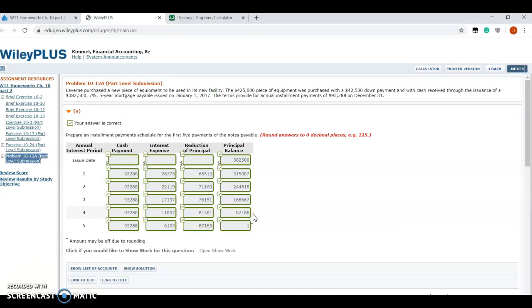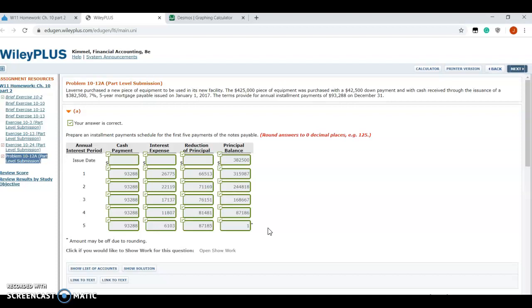Now in year 4, at least these are my numbers, I have $87,186 as my principal balance for the end of the year. Now my reduction of principal is $87,185, and that does leave me with a balance of $1. Now there is an asterisk here that says amount may be off due to rounding. So anytime that we've truncated any decimals, basically are negated right here.